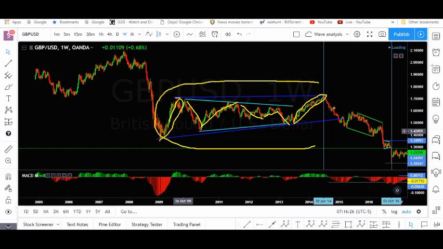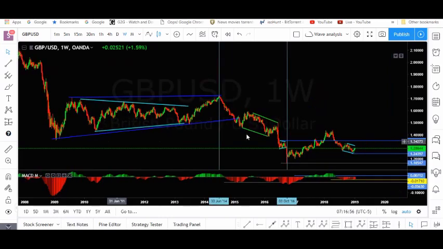And after that, if you were very good, you could have gotten in there and traded this all the way to the downside. And then if you go here, what's this? Your favorite pattern. Here you had your running flat, and then we formed the next move down.